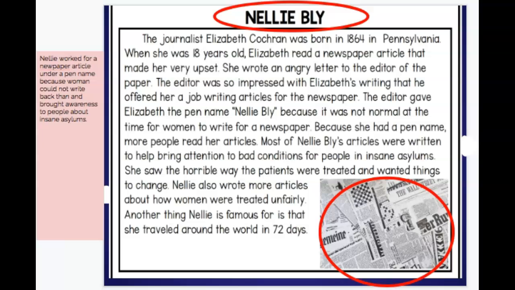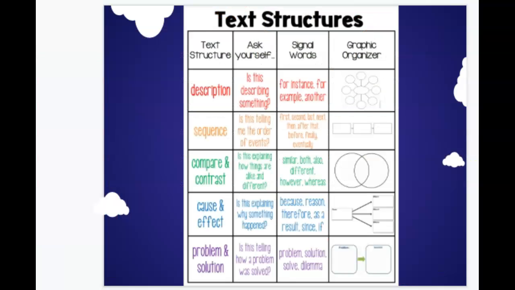There was not a problem and then a solution. And there was also no cause and effect. There was no action and result. So based off of my signal words, if I'm looking for the word another, and it was just describing Nellie Bly to me, I would say that was description.